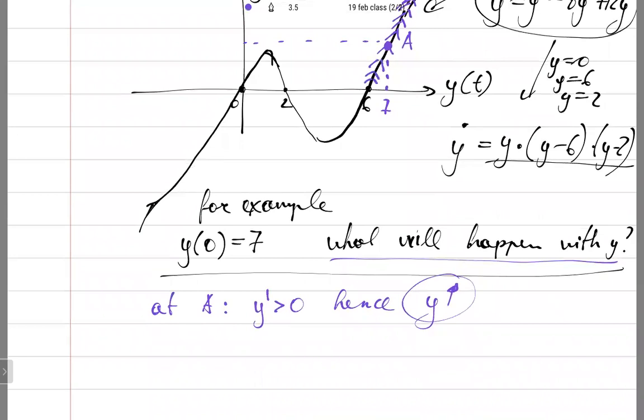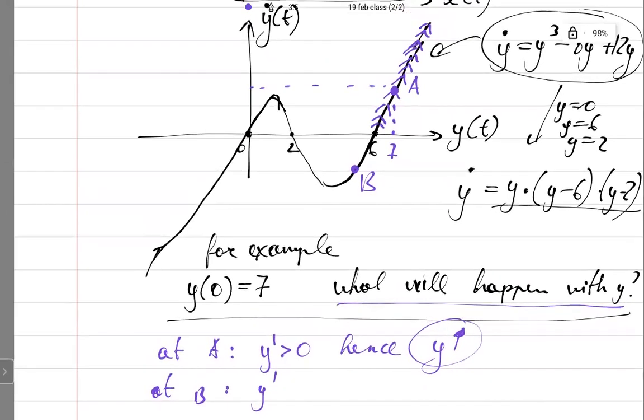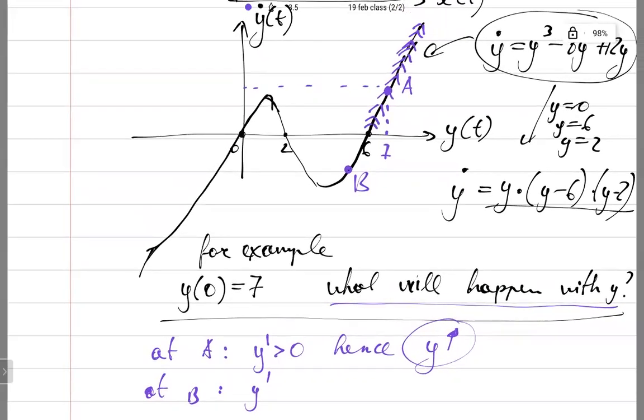Okay, let's imagine some other point B, somewhere here. I see that at the point B, y prime is positive or negative? It's negative. Y prime and y dot are the same thing.